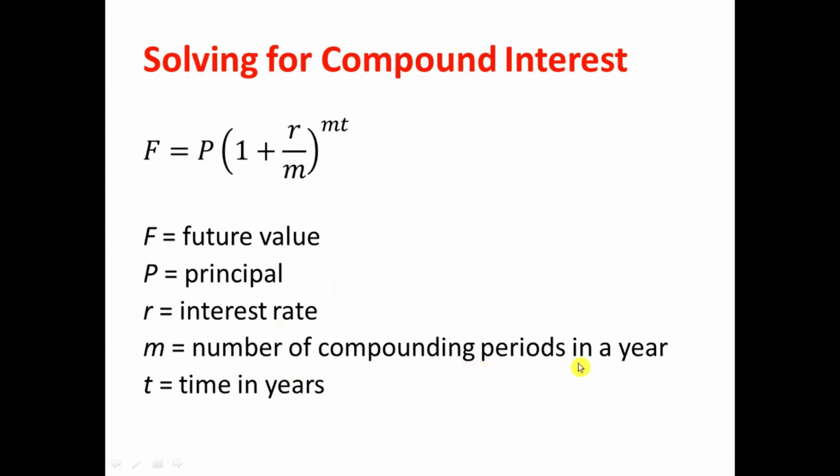M can be, say for example, sa ating word problem, the word problem says compounded quarterly. So, how many quarters are there in a year? Basically, there are 4, diba? There are 4 quarters. So, in that case, your m will be 4.